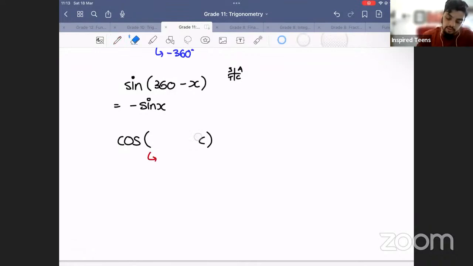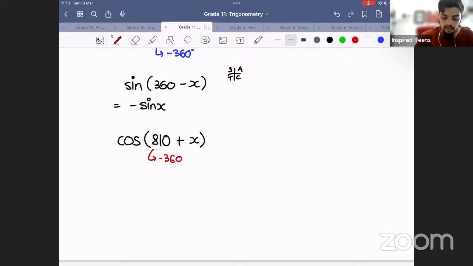Actually no, let's do this: what happens if I have sine of 810 plus x? In this case, it's bigger than 720, so I minus 720. It's like you minus 360 and minus 360 again, because when you minus 360 you get another number that's bigger than 360, so you have to minus it again.